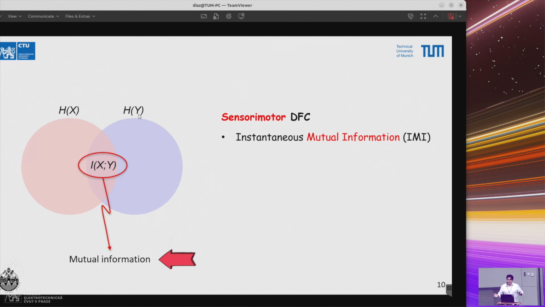If you're not familiar with it, all it tells you is that if you have 2 signals and you have high mutual information, then if you know something about a signal X, you likely know something about a signal Y, at least to some extent. We have to do this for every pair of signals in the sensorimotor stream.